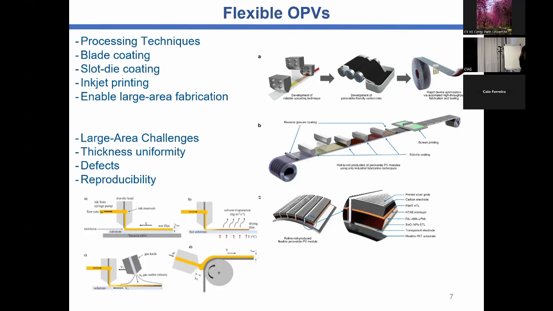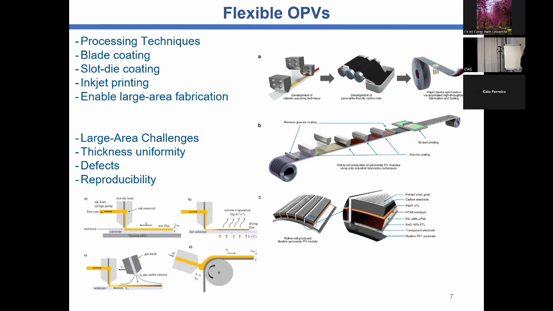Also, in terms of large area, we have challenges on defects, because when we process in large area, usually we process in air condition. So we do not have a huge nitrogen glove box with a roll-to-roll machine.